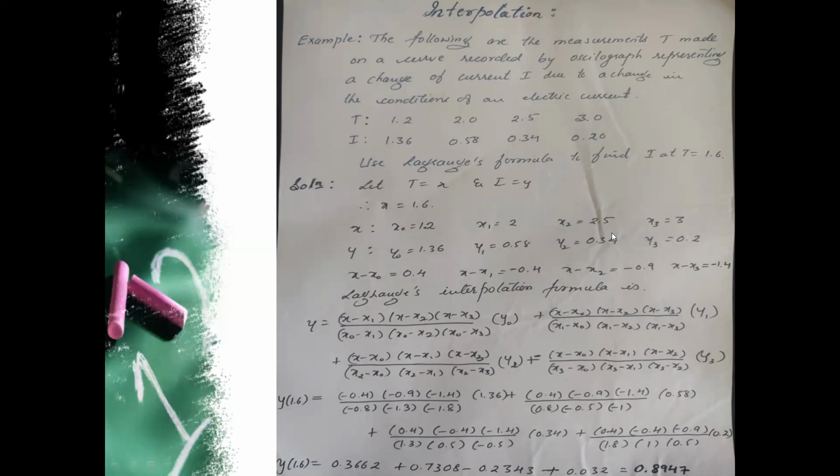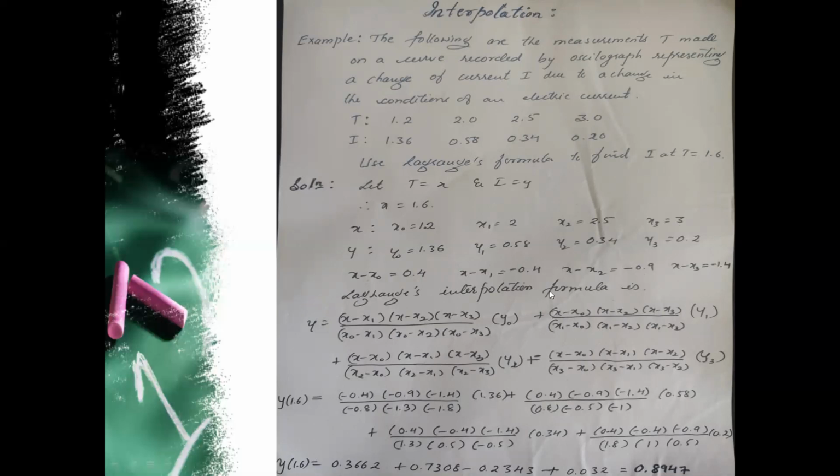Note them down. Then we will calculate x minus x0. X is 1.6 minus x0, that is 1.2. We'll get 0.4. Again x minus x1, 1.6 minus 2, that is minus 0.4. Then x minus x2 is minus 0.9, and x minus x3, it is minus 1.4.